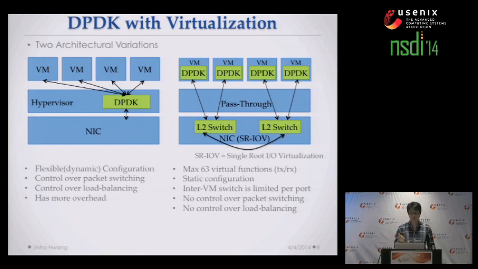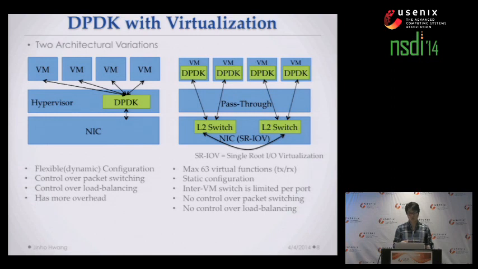Inter-VM switching is very limited, because once a packet comes into the system, it is always routed based on the L2 address. So the packet should go to the destined virtual machine with the L2 address. But we don't have any functions to direct the packets based on contents or headers or something like that.